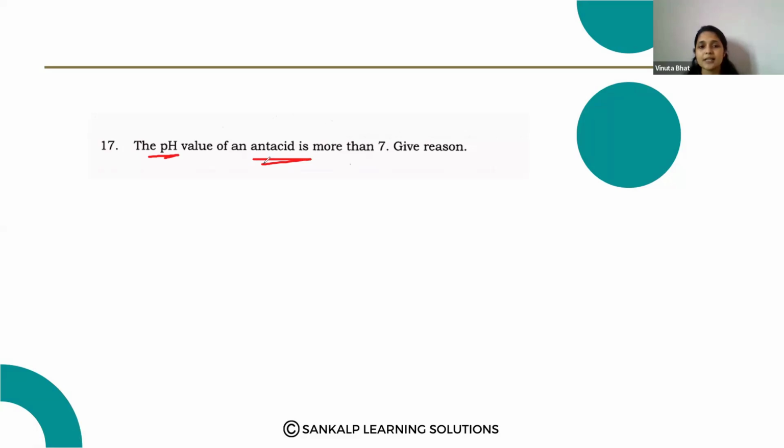To control the acid effect, it should be basic. It should not be neutral. So the antacid should have a pH value more than 7 because it should be a basic solution. Please note down the question.